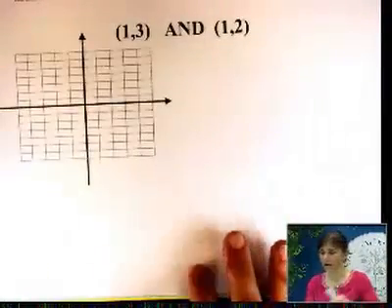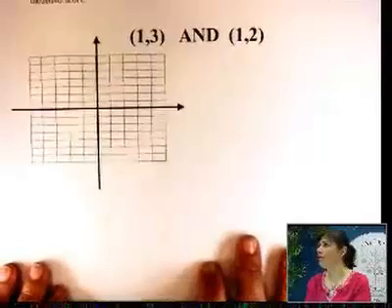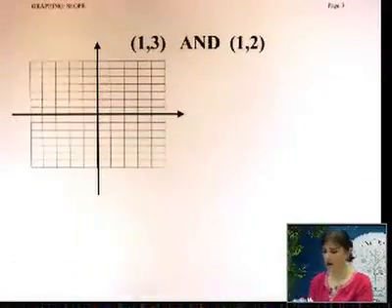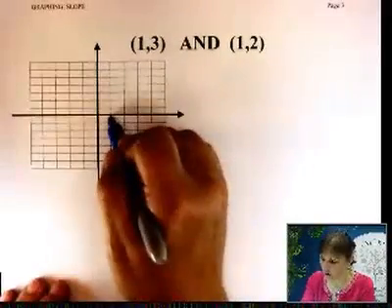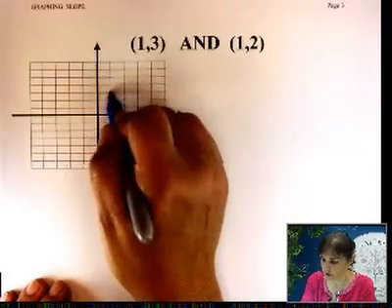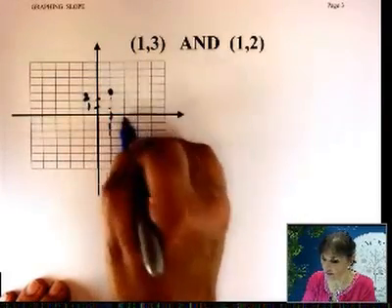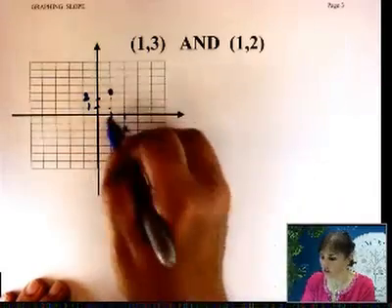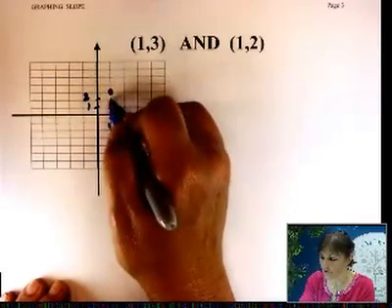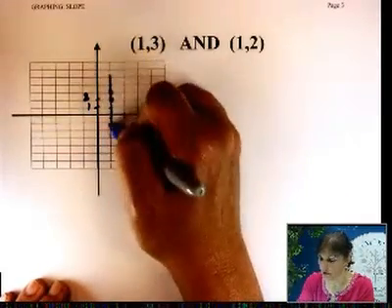Okay, let's do another one. 1, 3, 1, 2. So that's 1, 2, and this is 1, 2. What do you think the slope is?